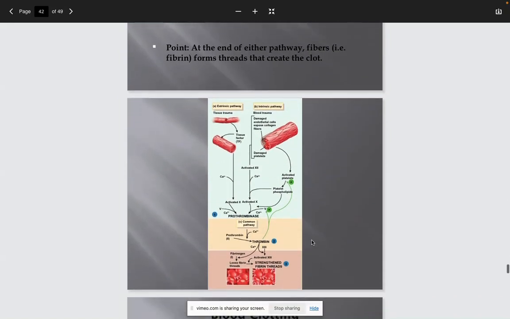This picture just depicts what we were talking about: the extrinsic pathway and the intrinsic pathway. The intrinsic pathway is going to take a little bit longer. It's in direct contact with the endothelial cells, whereas the extrinsic pathway has something called tissue factor, which causes the activation of factor 10, which converts prothrombinase into thrombin. Okay.